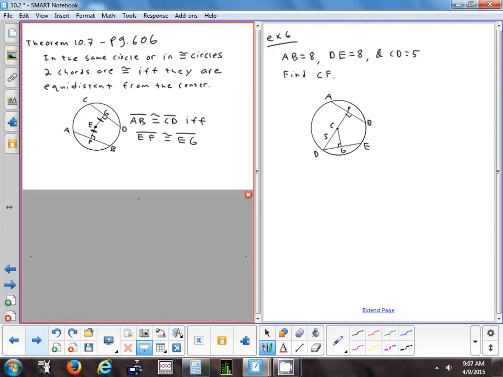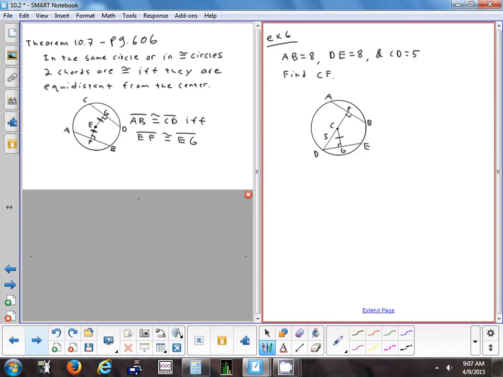They're equidistant from where? The center. So whatever GC is, so is CF. So we have to find CF, but if we can find GC, it's the same thing. That's true by theorem 10.7.